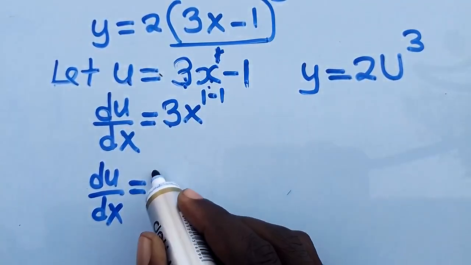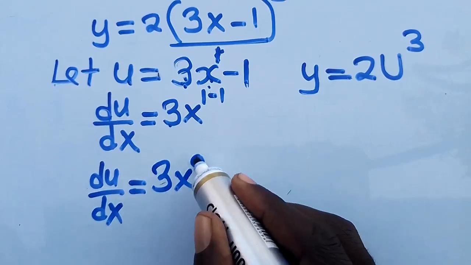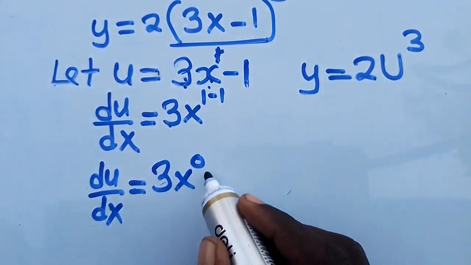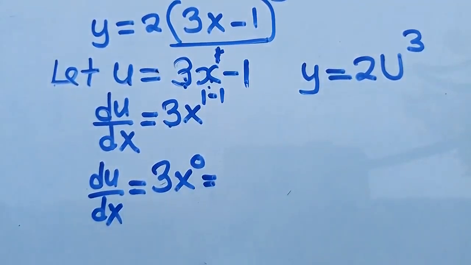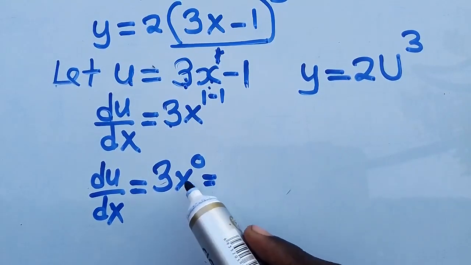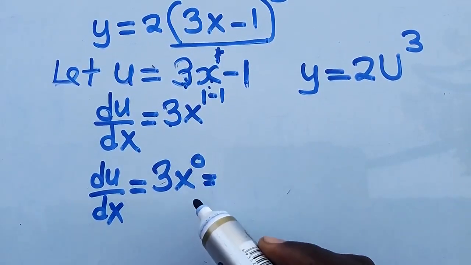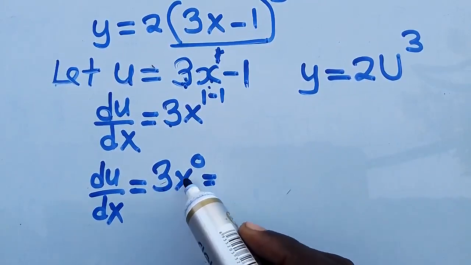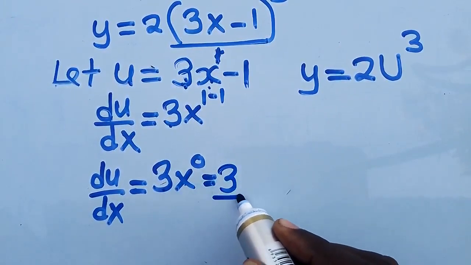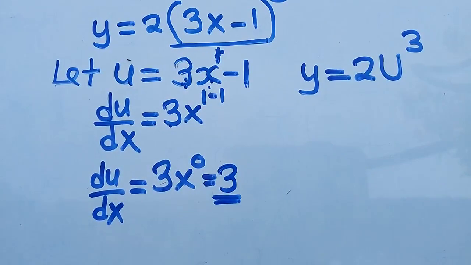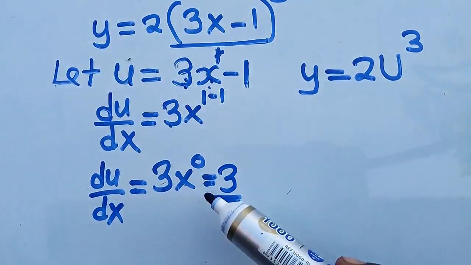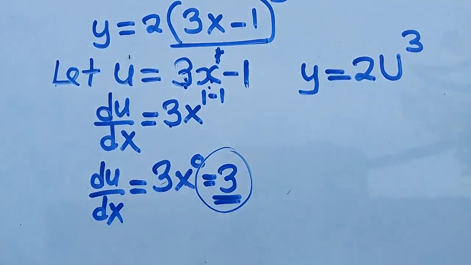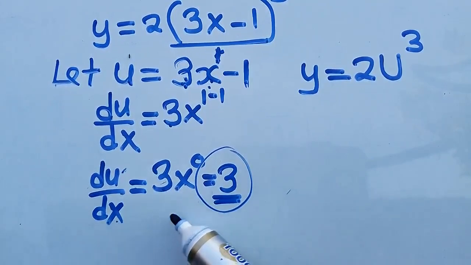So we are going to have 3x power 0. You know that any number raised to the power 0 is equal to 1. So here x power 0 is just the same as 1. So 3 times 1, you get 3. So when you differentiate this whole part, you get 3 as your answer. So du dx is 3.